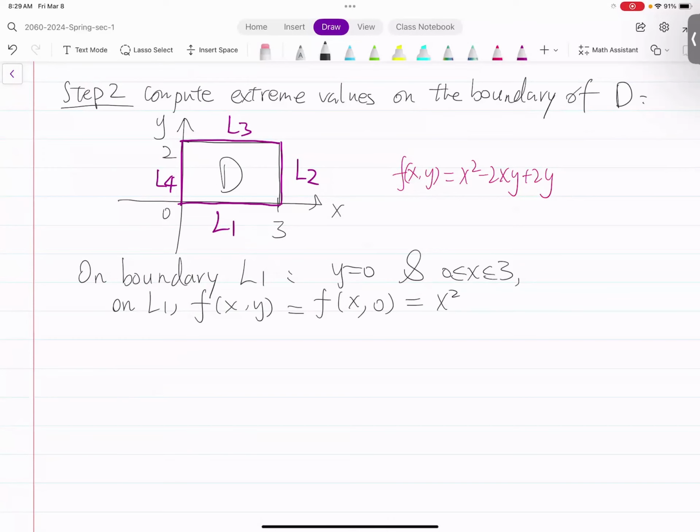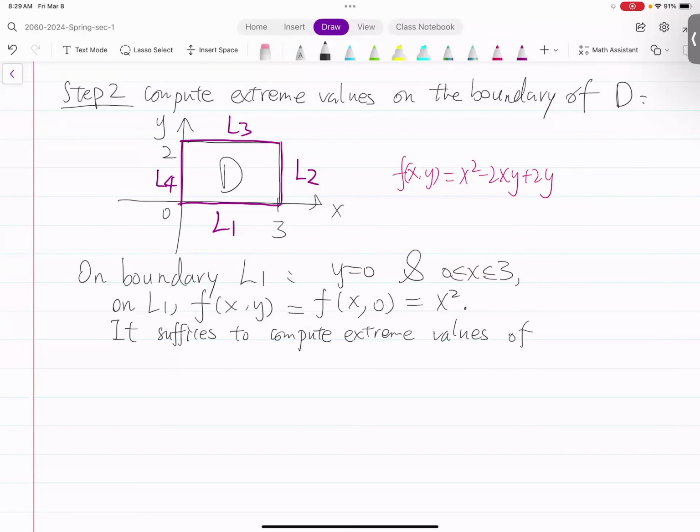So we just need to look for the extreme values for this quadratic function on the interval from 0 to 3. This is actually pretty straightforward, but we want to write everything down systematically because we have 4 cases. Here, it suffices to compute extreme values.